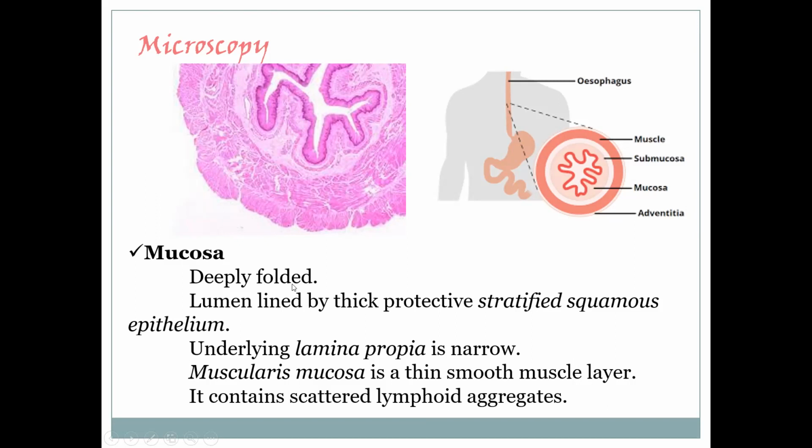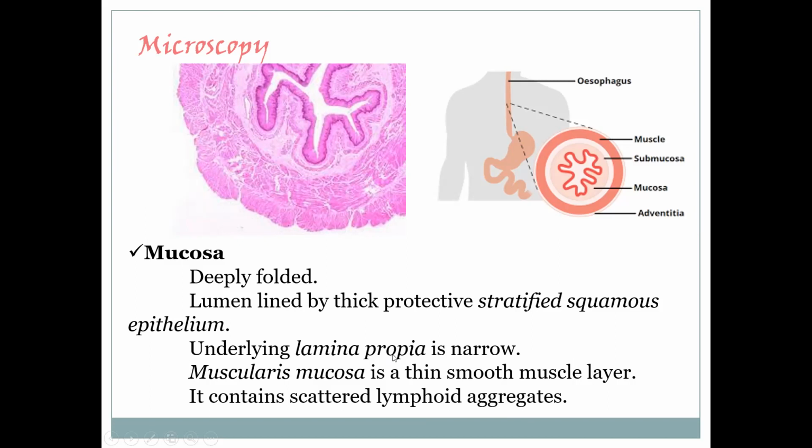So this mucosa is a deeply folded layer. Its lumen is lined by thick protective stratified squamous epithelium. The mucosa can again be divided into lamina propria and muscularis mucosa.